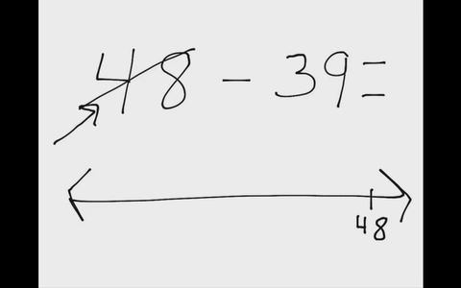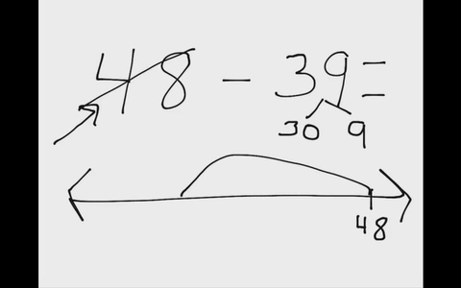Sometimes I tell the kids to cross that number out so they know they've used it. Then you can decompose 39. This time you could even just decompose it into 30 and 9. And then do a jump. So 48 minus 30, which would be 18. Then you've used the 30.